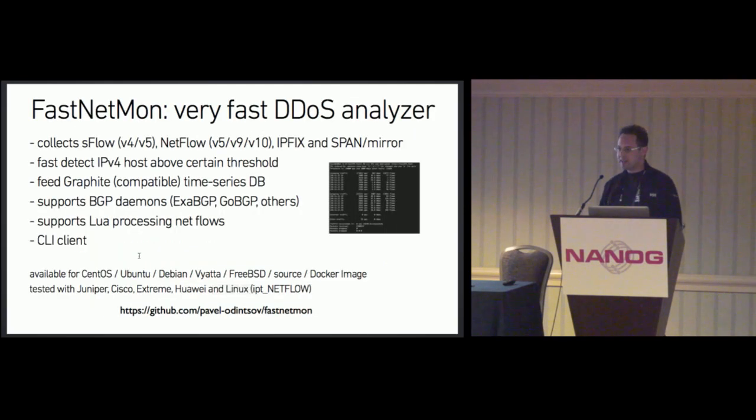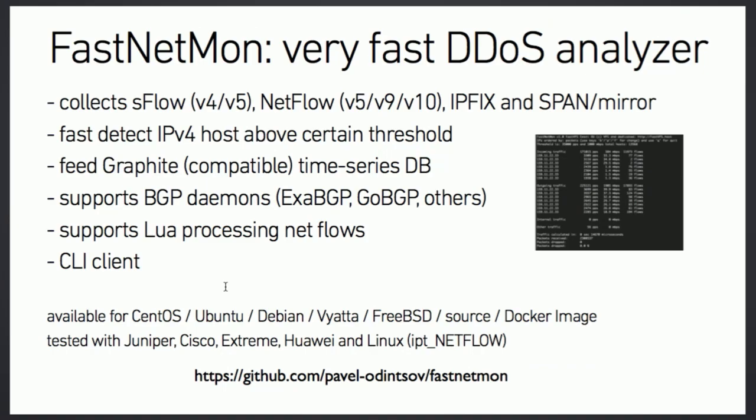Starting with FastNetMon, it's a very fast detection tool that relies on NetFlow, sFlow, or port mirroring. It supports different capture backends, so it's adaptable to your network environment. It might work for most of you here. You can collect from switches and from routers. It also supports shipping that processed data to a Graphite database.